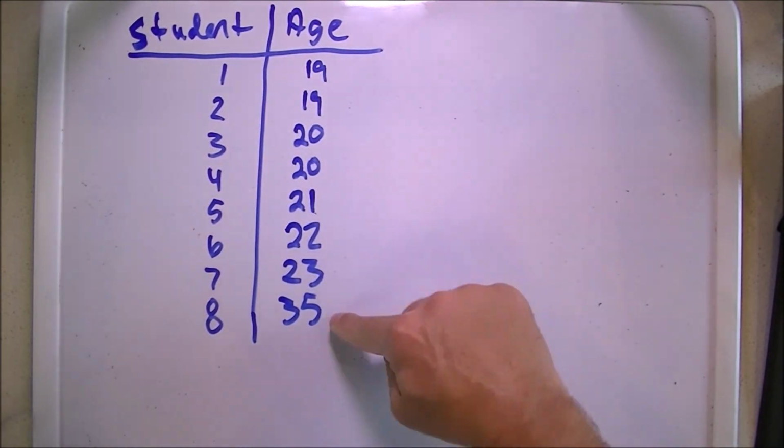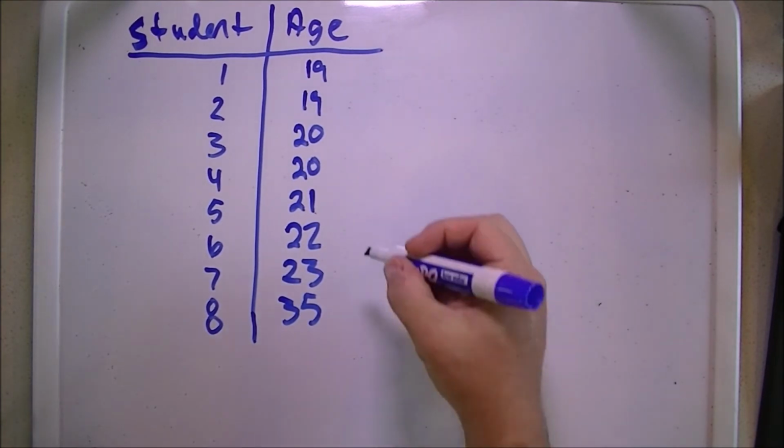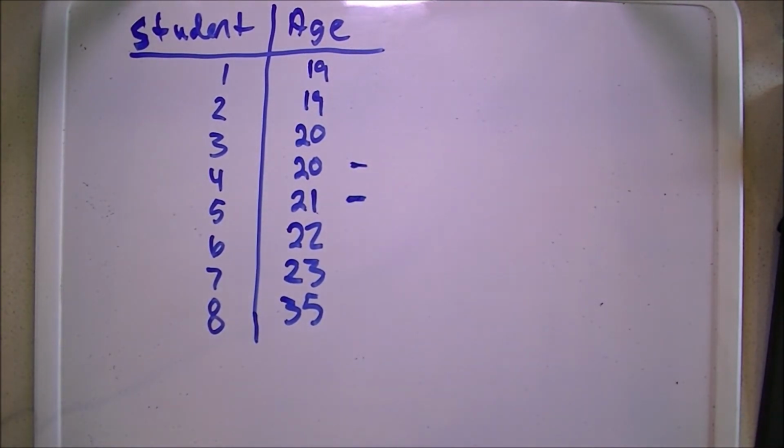So it goes from youngest to oldest. So we have to arrange our scores in that order to find the two middle numbers. Here, the two middle cases are cases 4 and 5.